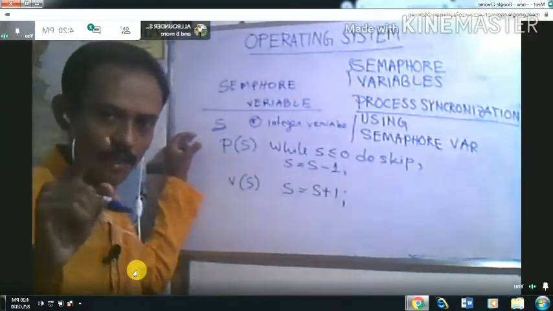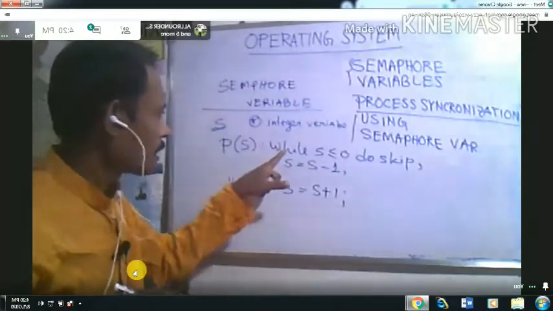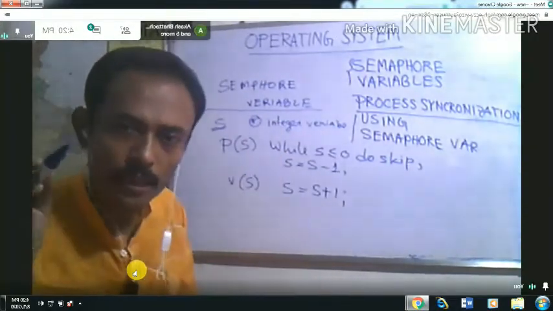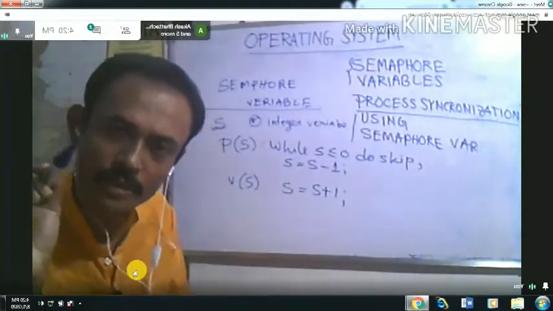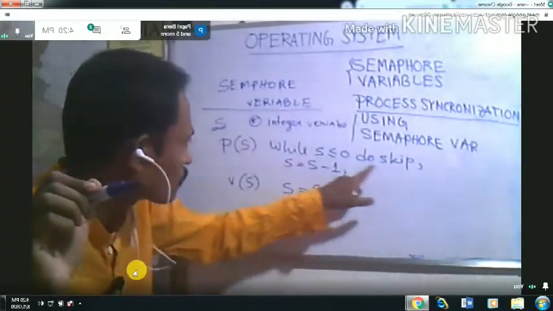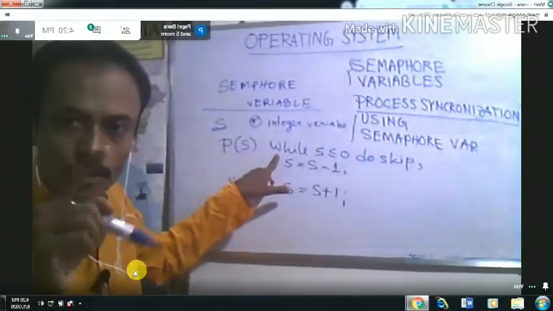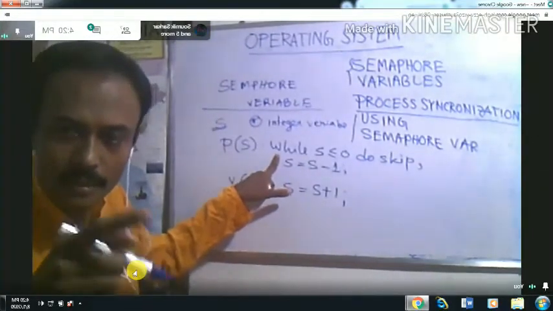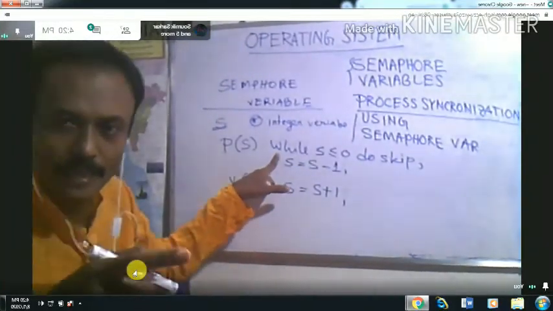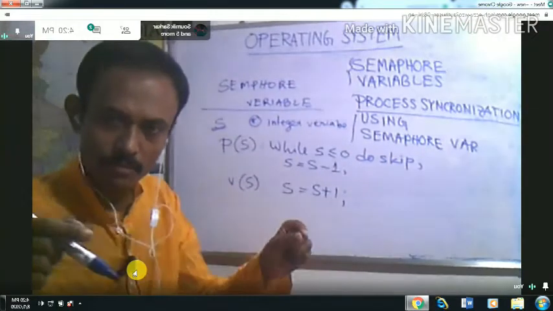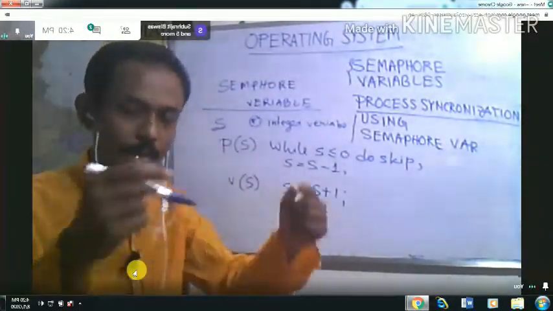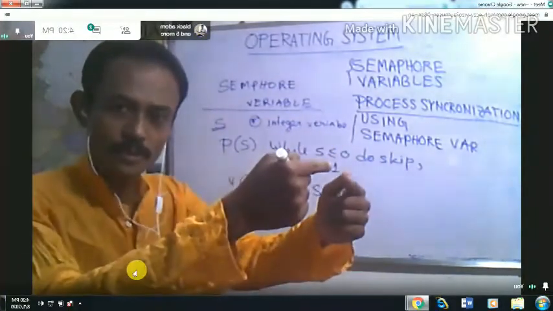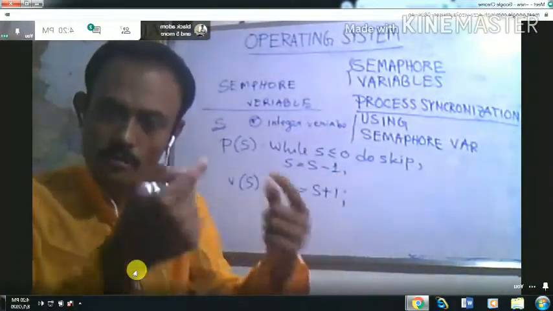Now if we follow the last few classes, then you will see you are already familiar with this particular loop. In the concept of the critical section problem, when two or multiple processes concurrently execute, and more than one process is sharing a common section of code, that is called the critical section.